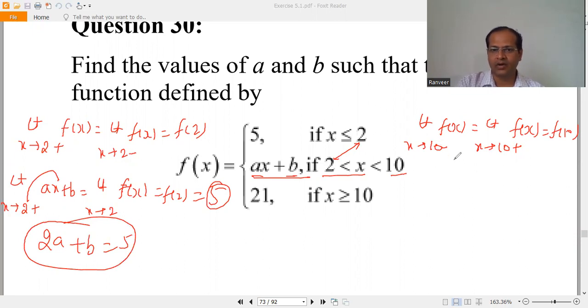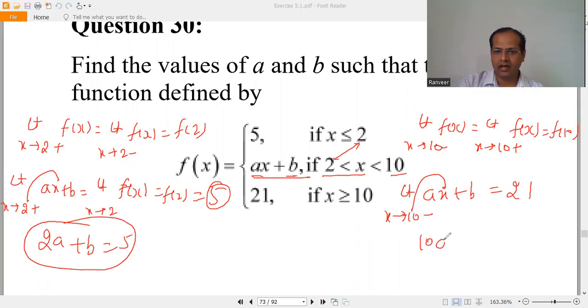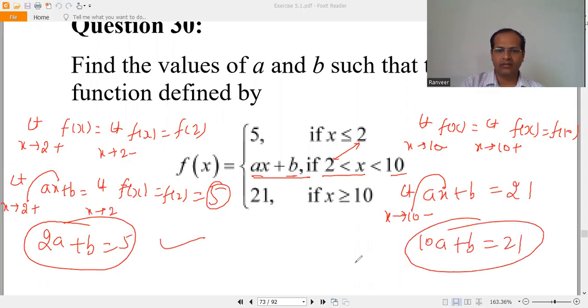Similarly, we can find 10 plus and 10 minus. The 10 minus definition is limit x tending to 10 minus of ax plus b, and at 10 plus and 10 both values are 21. So just substitute here, 10a plus b equal to 21. In this way we get 2a plus b equal to 5 and 10a plus b equal to 21. Just solve for a and b.